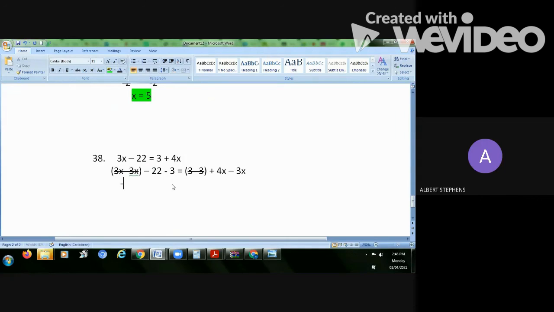You owe Mr. Brown how much? 25, that's how you go. So what is 3x from 4x? Plus 1x. That's the answer. 1x is also x, true? So x is equal to 25.